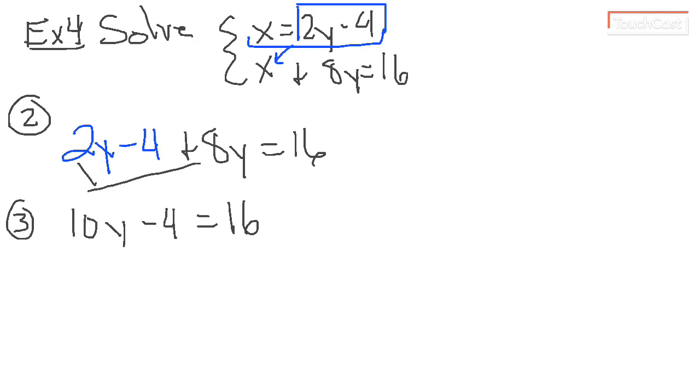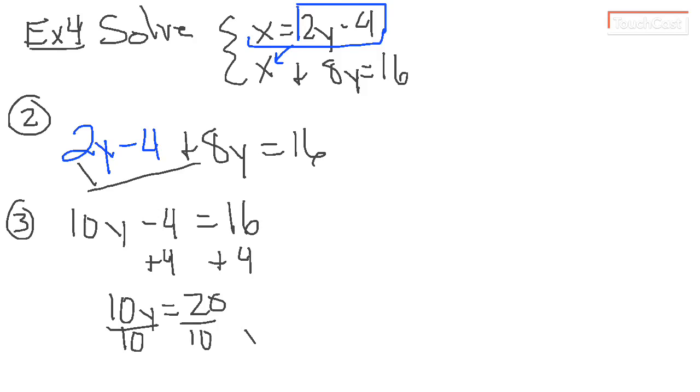Now to continue solving for y, I'm going to add 4. I'm going to get 10y is equal to 20. I'm also going to divide by 10. So I'm going to figure out that y is equal to 2. Now, that's not our answer, even though I've boxed it. We're going to move into our next step.